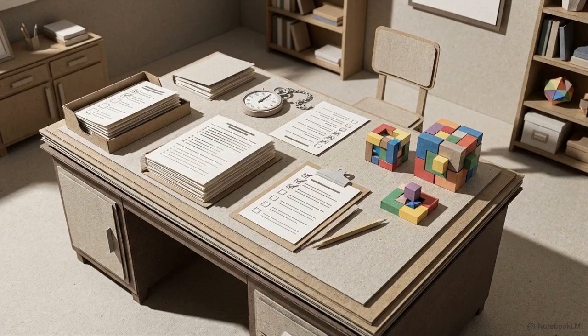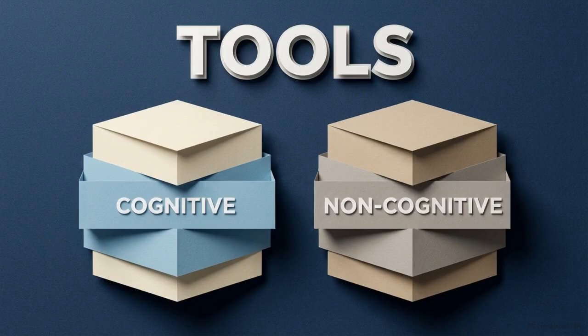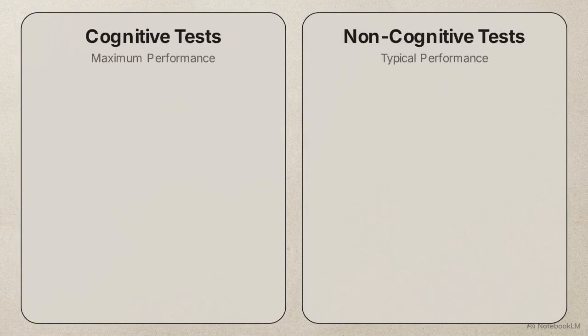When an educator does need to run a complex formal assessment, they have to choose the right psychometric tool. And these tools split into two distinct categories depending on what you need to measure. This matrix breaks down the primary categories used by school psychologists: cognitive tests, which map maximum performance, and non-cognitive tests, which map typical performance.